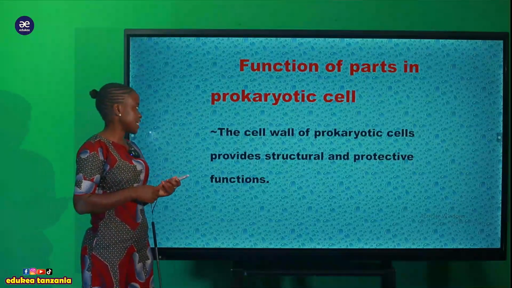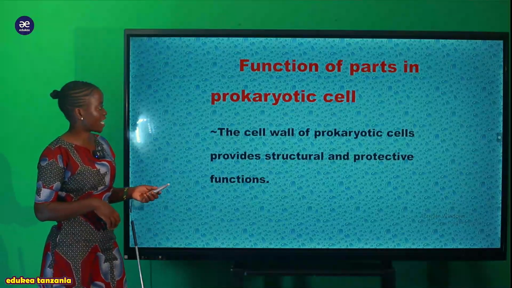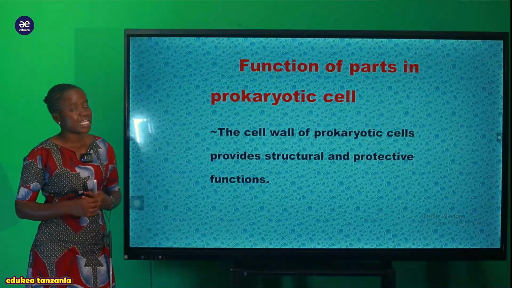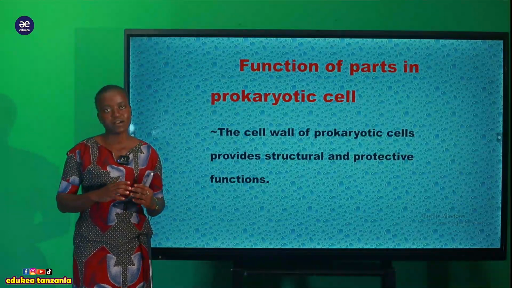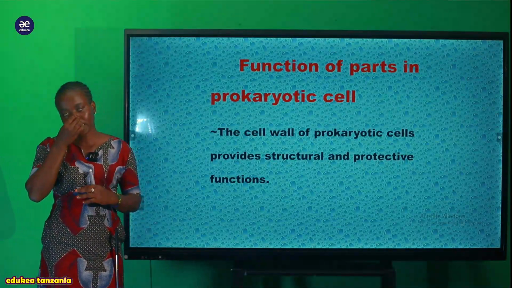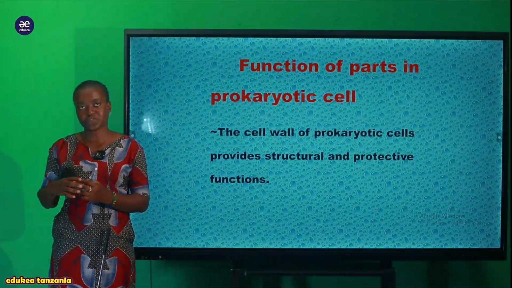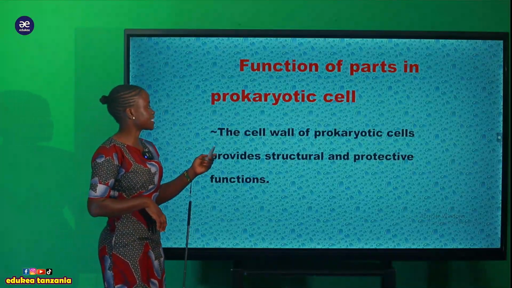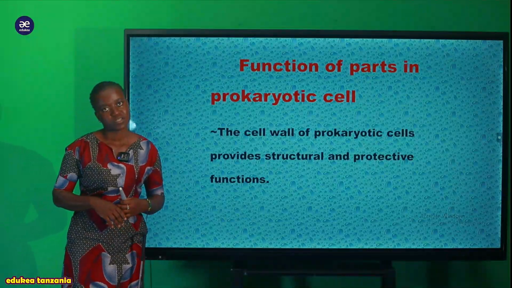So now we are saying that the cell wall of the prokaryotic cell provides structural and protective functions. So cell wall ambayo inapatikana kwenye prokaryotic cell, tulisema how organisms have a cell wall, and we have seen the structure of the cell wall. So hile cell wall tunasema kwamba it provides a structural and protective function.